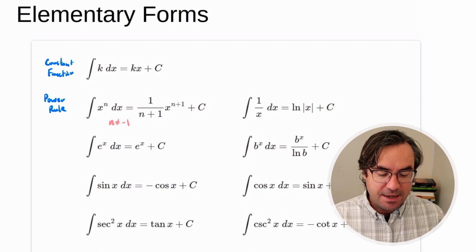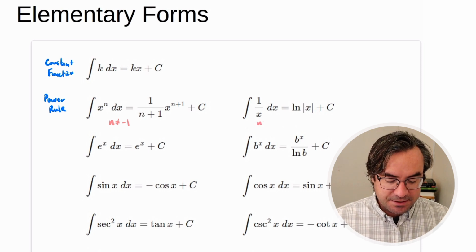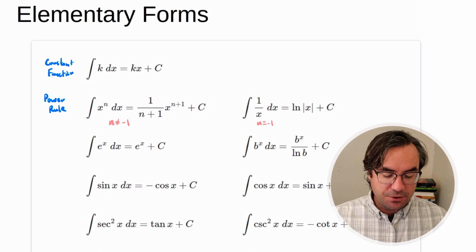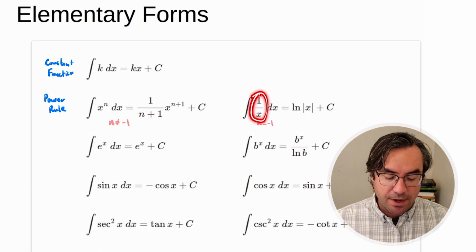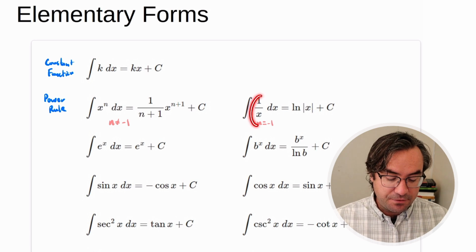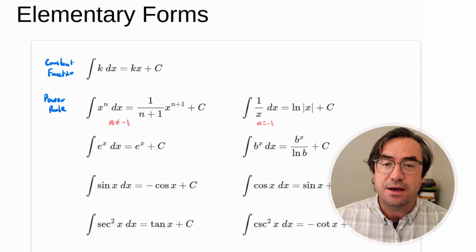And when n does equal negative 1, well, it's something special. So for a power function, when it is x raised to the negative 1, or we could rewrite that as 1 over x, this is something different. The antiderivative of 1 over x is natural log of absolute value x.